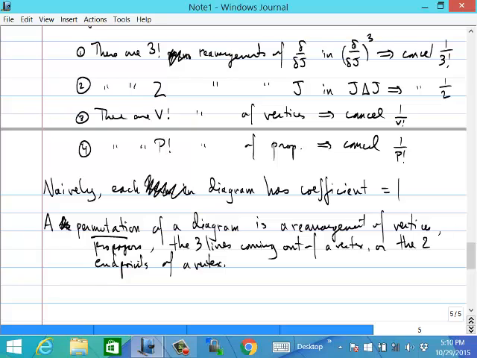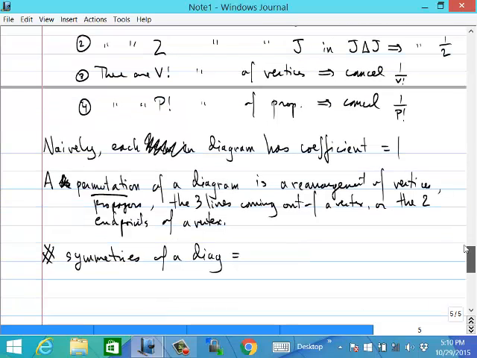And then the number of symmetries of a diagram, what is it? Well, it's the number of permutations that leave a diagram invariant.